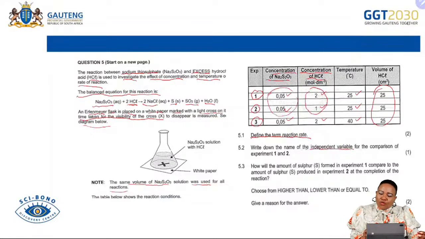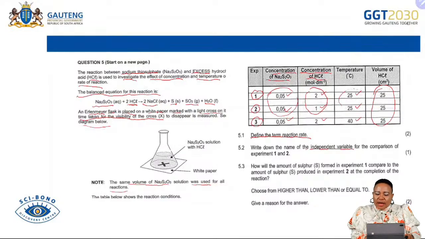By the look of the data, experiment 1 has a higher concentration as compared to experiment 2. Their temperatures are also the same, and the volume of the hydrochloric acid is also the same.